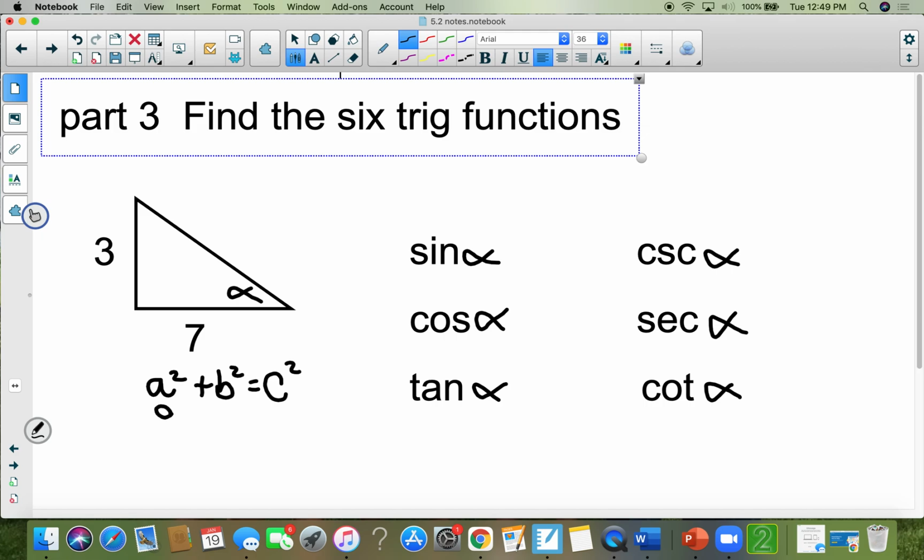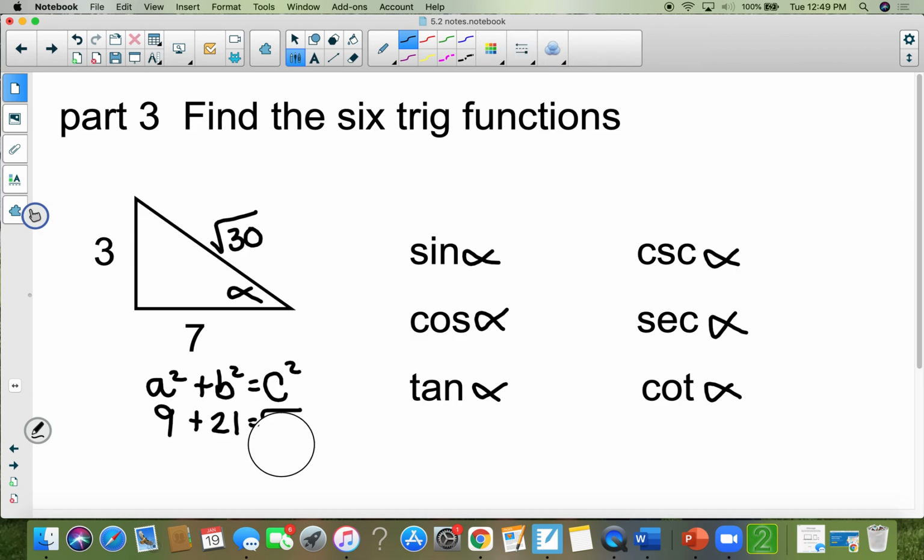And the missing side is 9 plus 21, which is 30. But then square root of 30 is going to go right there. 21. What am I doing? Not 21. I'm sorry, you guys. It's 49. 7 squared is 49. Plus 9 is 58, which is the square root of 58.